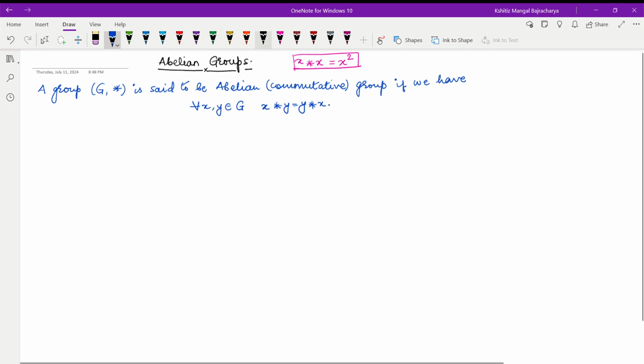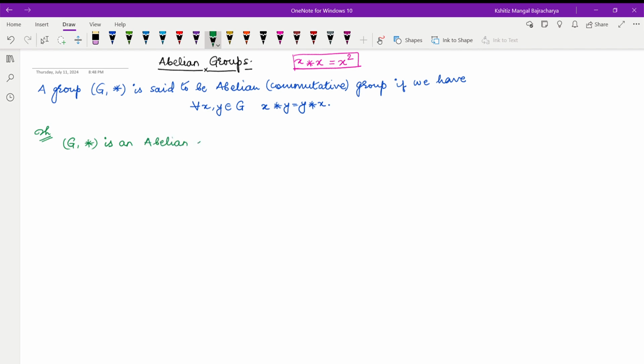Now I'm going to state and prove a theorem which will characterize an abelian group. First of all, let G star be a group.